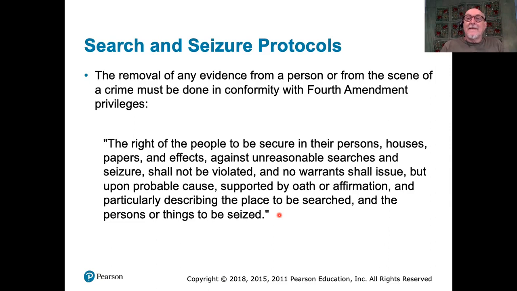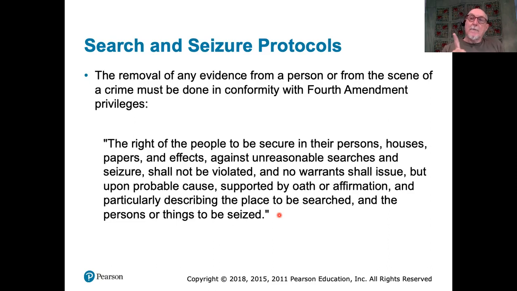But it becomes a lot more difficult when, for instance, a suspect is identified and the police firmly believe that their dwelling place contains evidence which pertains to a crime somewhere else.